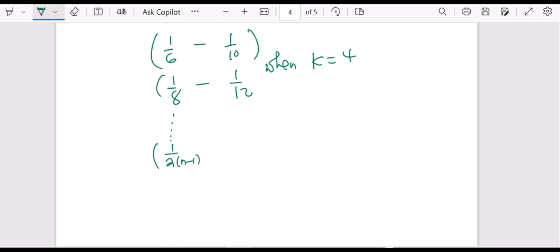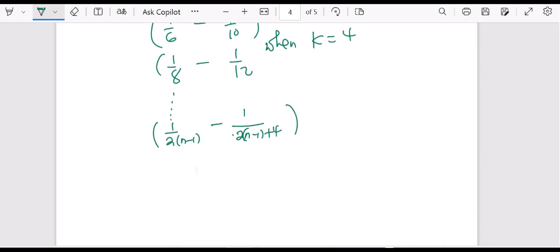n minus 1 means the last but second term, then minus 1 over 2n minus 1 plus 4, like this.